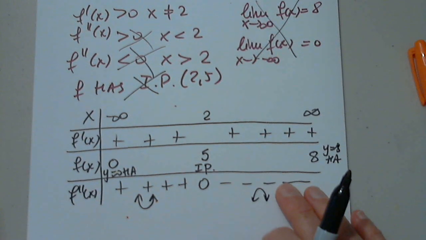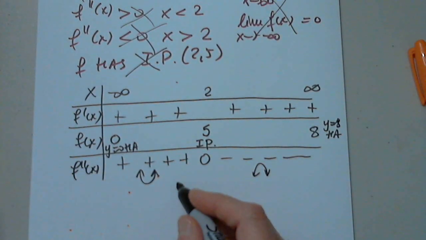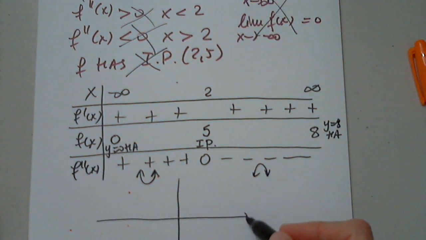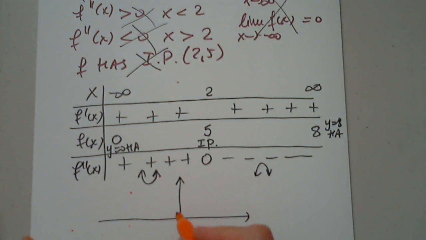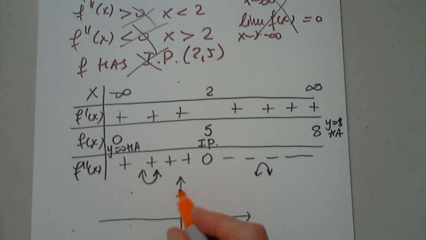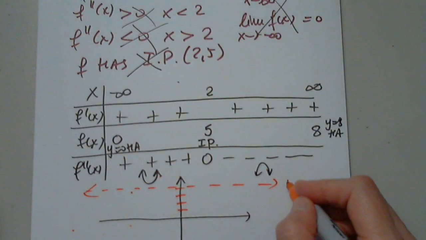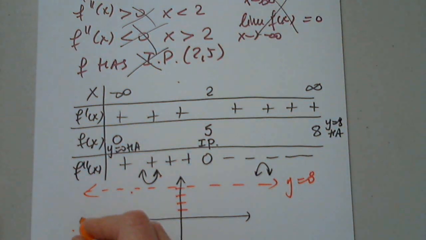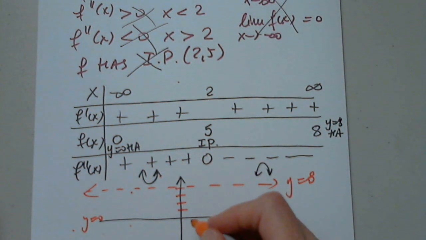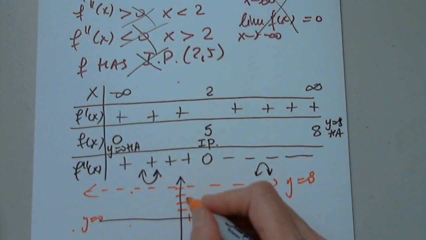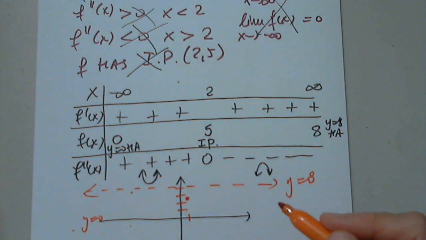In order to graph this, I will always start with the asymptotes. The function has two asymptotes: 2, 4, 6, 8, and y equals 0. Then (2, 5), an inflection point.